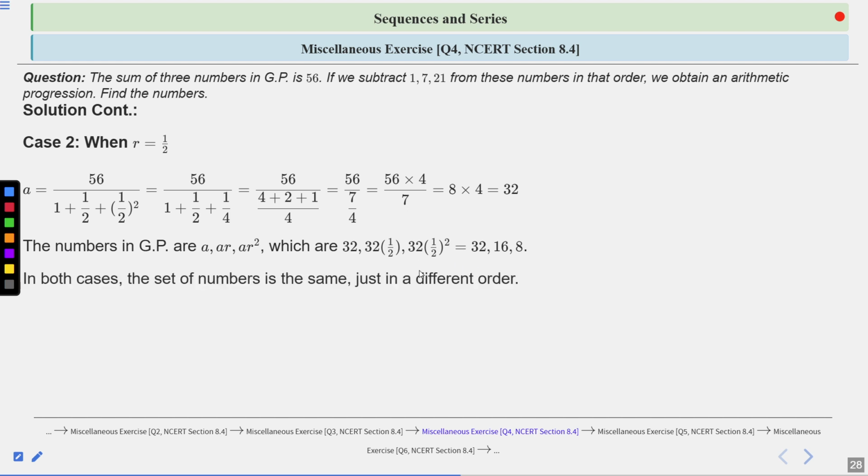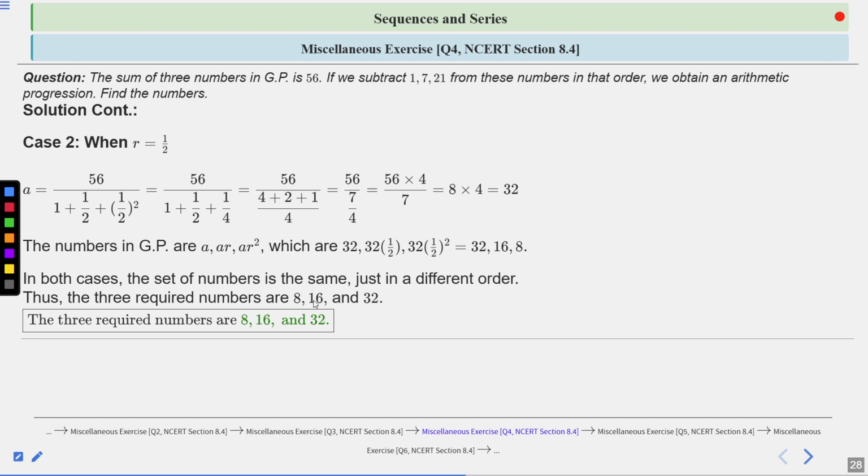In both cases, the set of numbers is the same, just in a different order. Thus, the three required numbers are 8, 16 and 32.